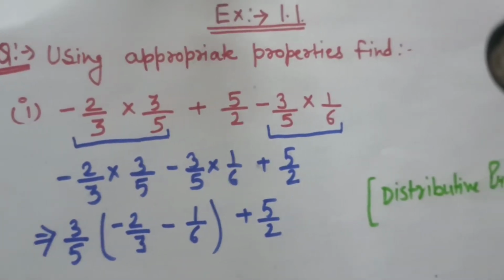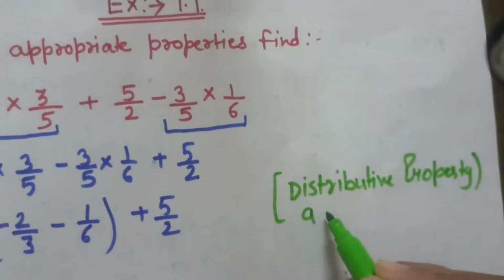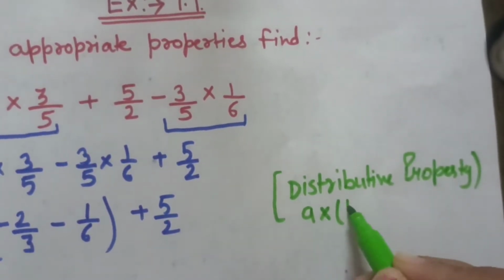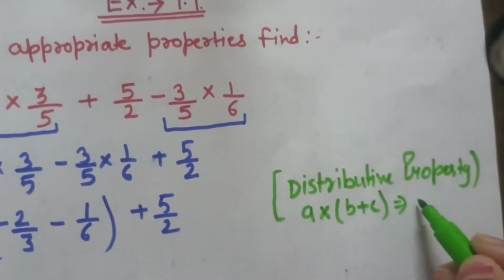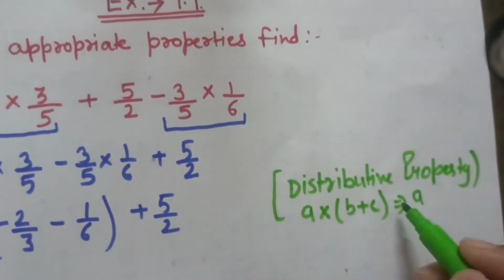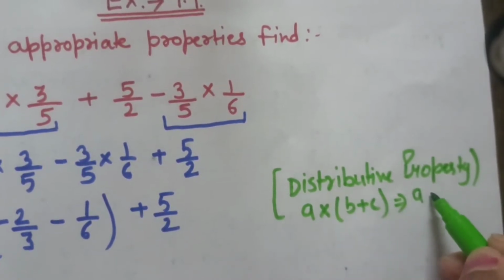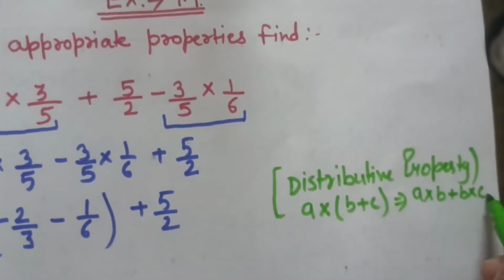What does the distributive property say? The distributive property says when we multiply a rational number with the addition of two other rational numbers, we distribute that number among the other two, that is a multiply b plus a multiply c.